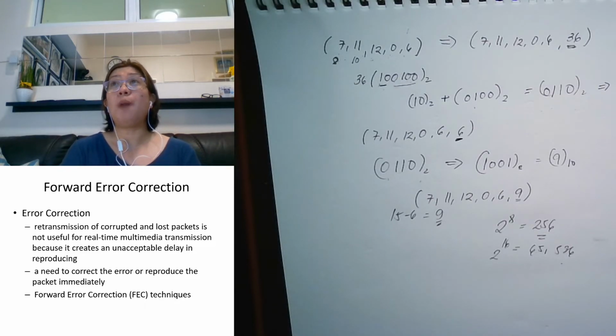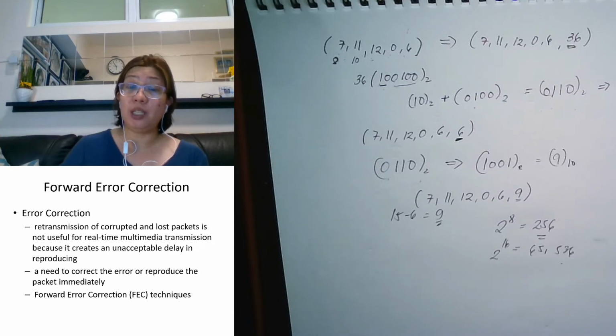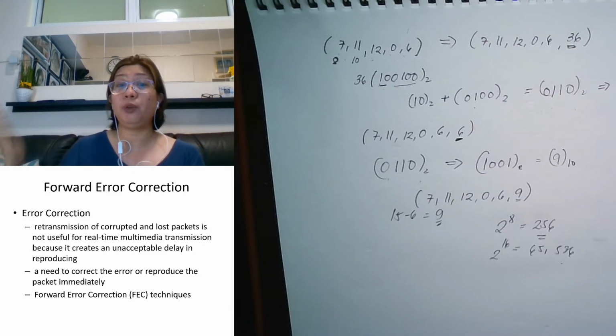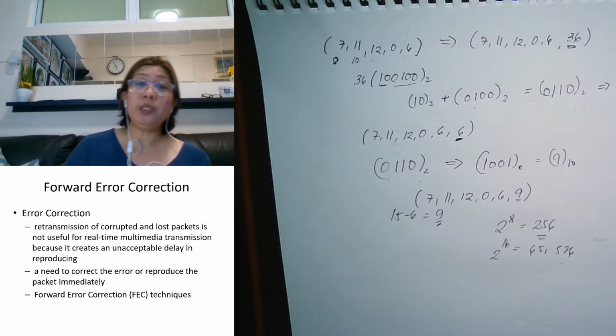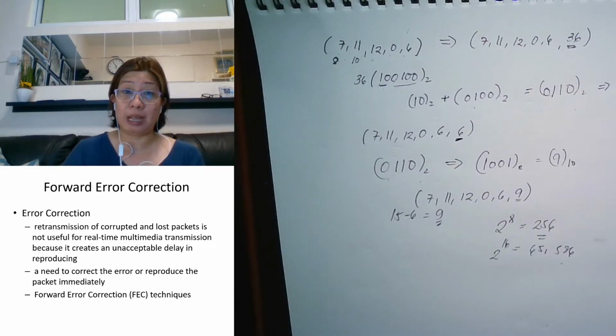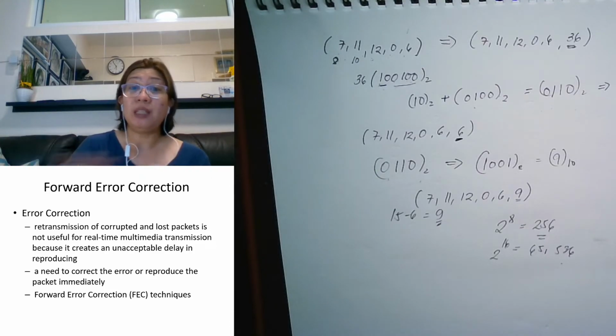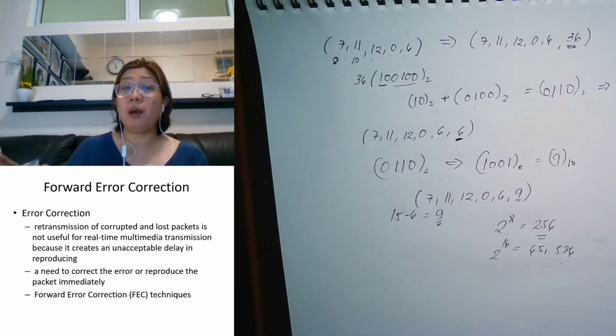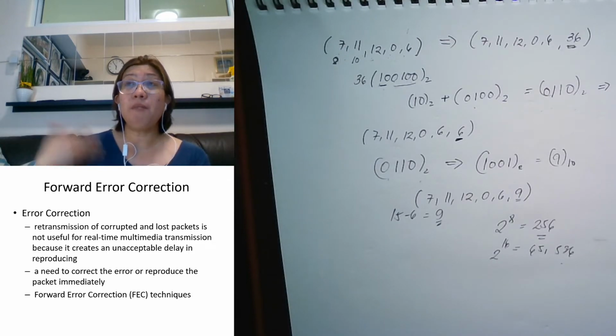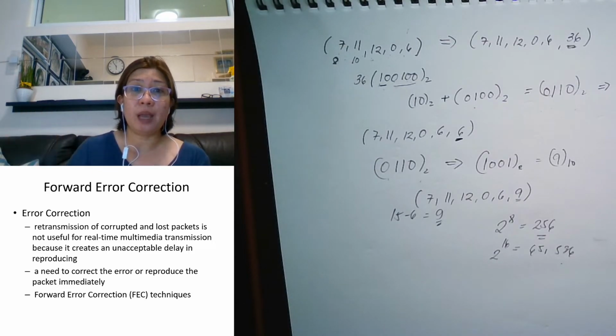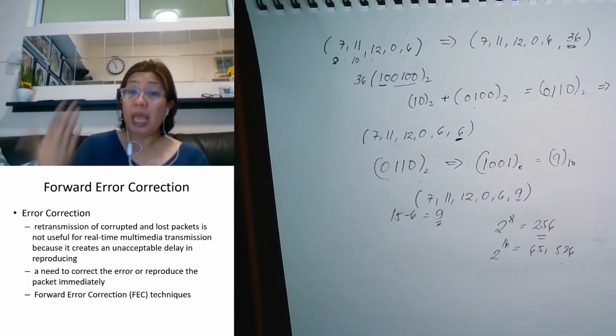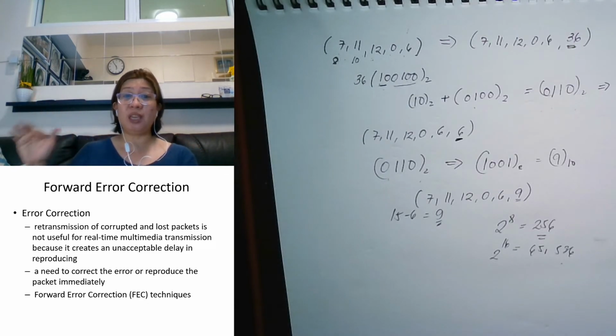Upon knowing at the receiver end that there is a corrupted or lost message, we will still wait for the sender to retransmit it again, passing through the same media, which might again suffer another loss or error.